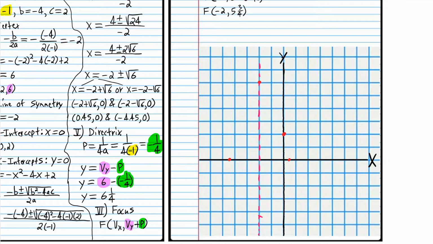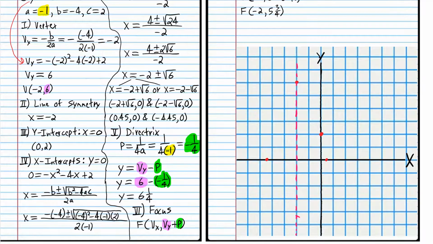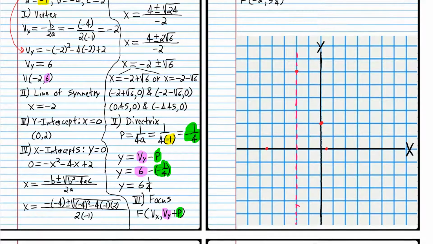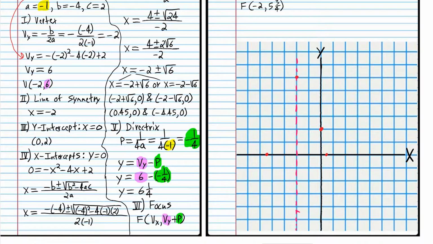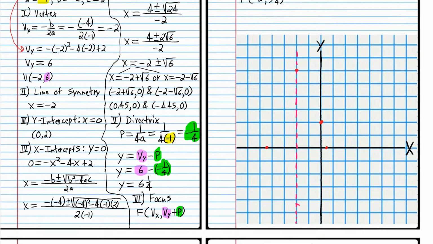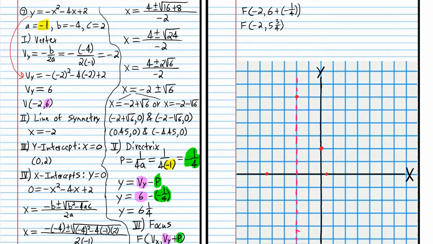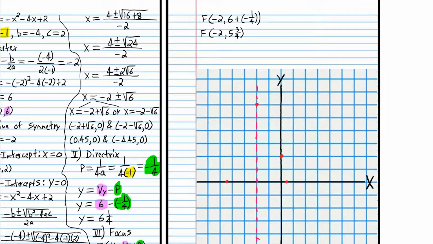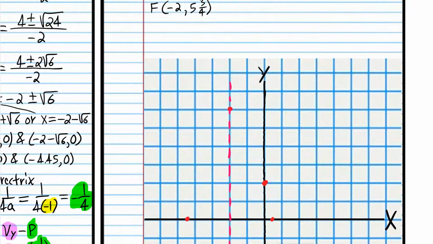And what else do we have here? Let's see. I'm just double checking those points. So the focus is negative 2, 5 3/4. 1, 2, 3, 4, 5 3/4. So that would be about here.